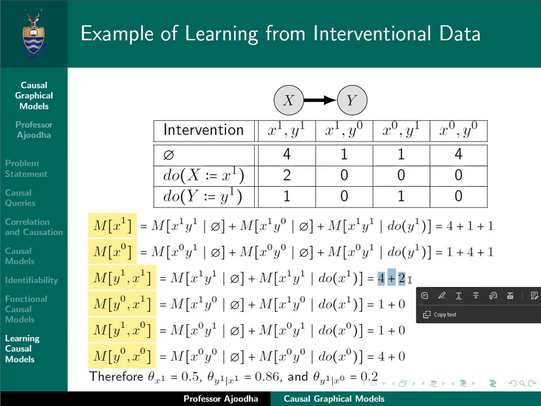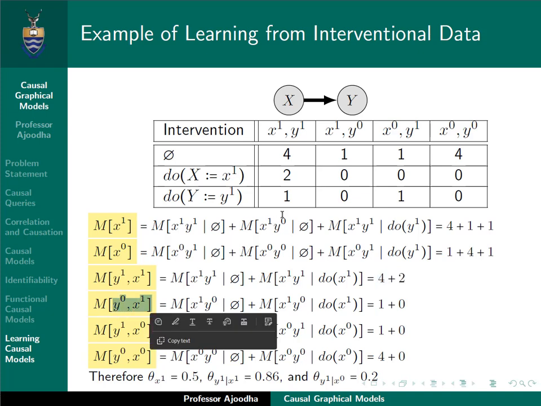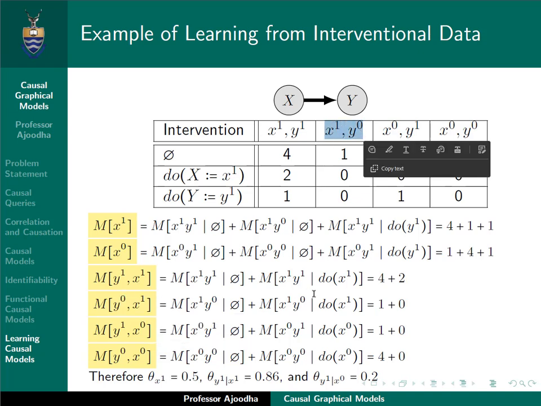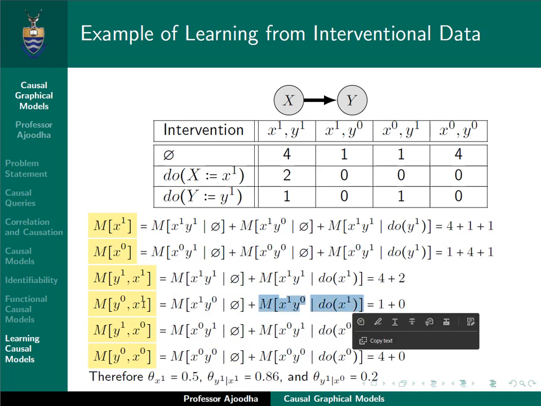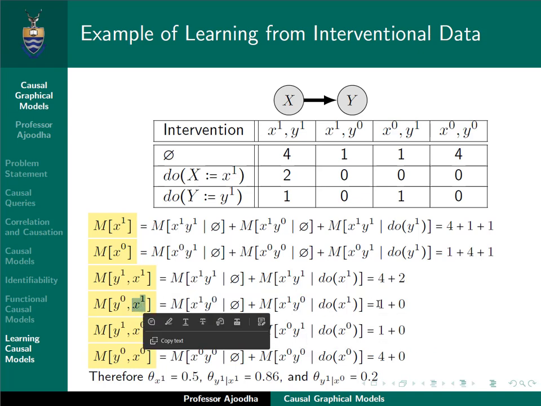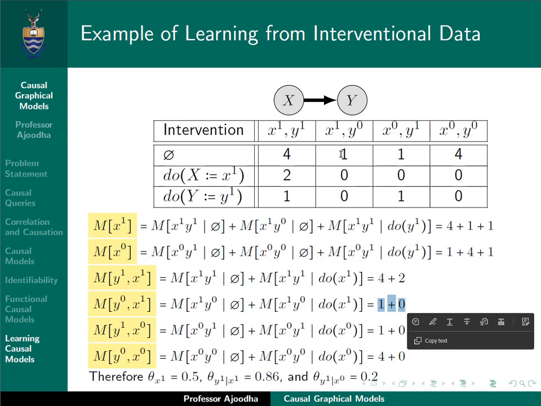So that's 4 plus 2. Okay. Similarly, we count y0 and x1, which is this one over here. Okay. Where they occur naturally and where we forced the parent to take on x1. So that's 1 plus 0 here.